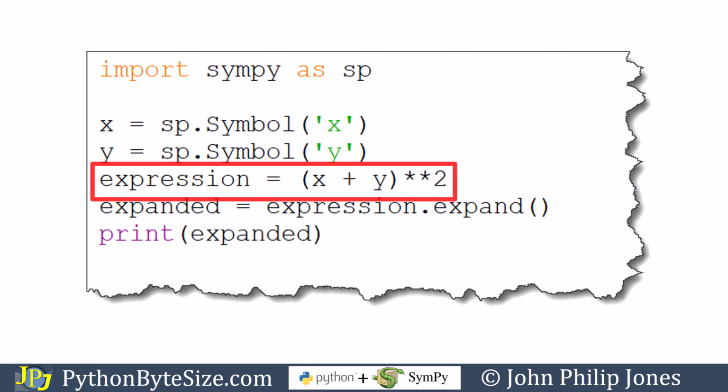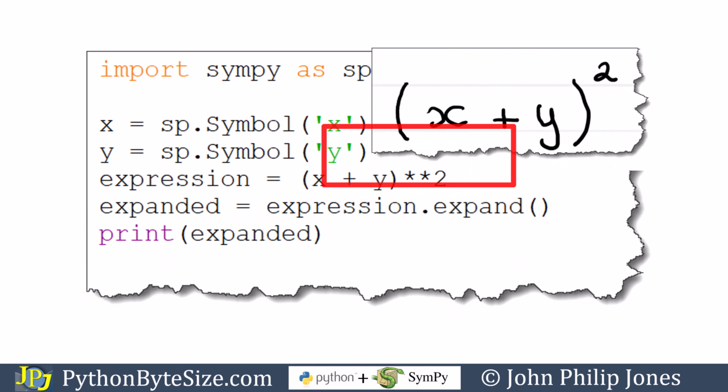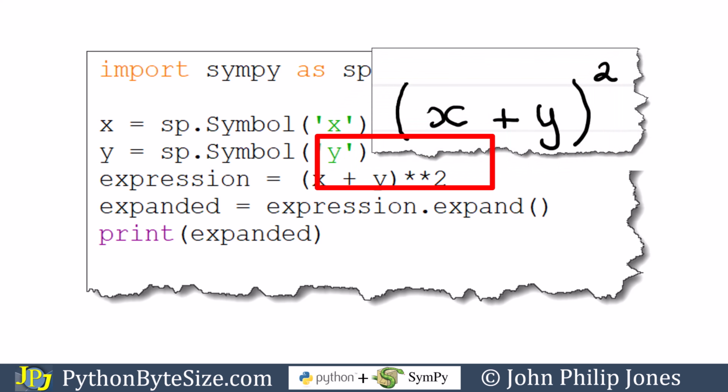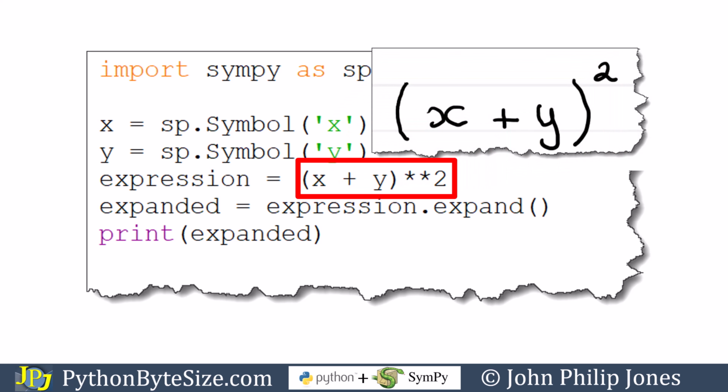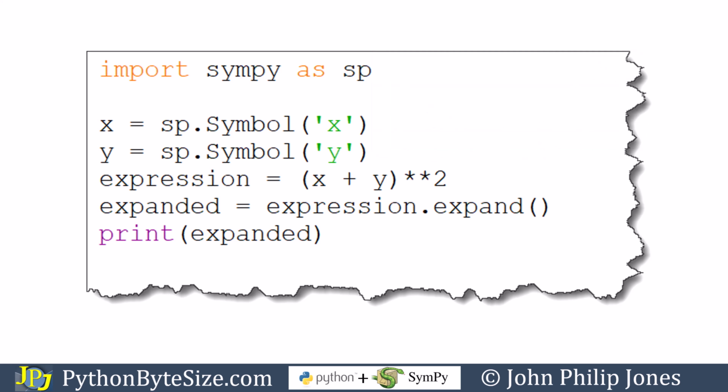We create the expression on this line, and this is the expression, and it's x plus y raised to the power 2. And if you refer to the mathematics, this is the expression that's coming into view now. So this and this mean the same thing, except here, this is how we write it out in a computer program, and this is how we write it out when we do handwritten mathematics. In the code, we can see that this expression is assigned to a variable I've decided to call expression.